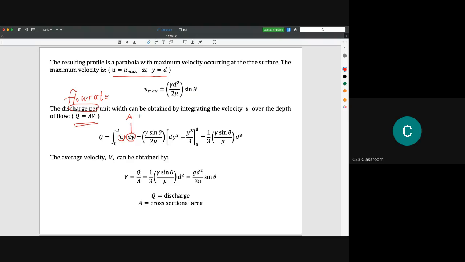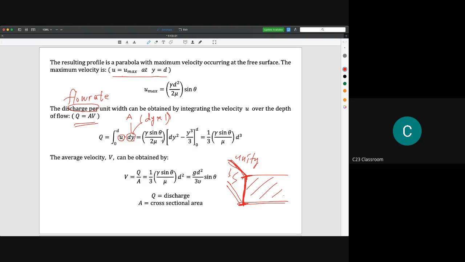Imagine that, for example, we have a plane here and we have a fluid here with a certain volume like this. Because the width here is equal to unity, equal to 1, we just assume that we multiply with y only. That's why in that equation we only have dy here, because actually it reflects dy times 1 unit of width.